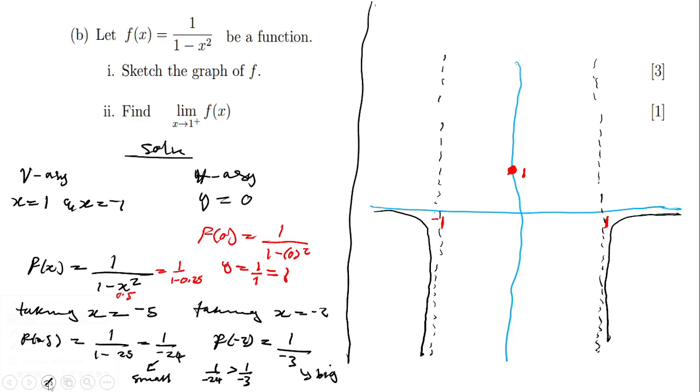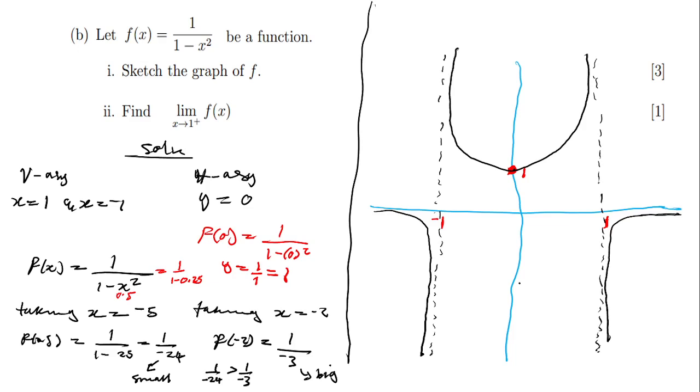Okay, so this side is going up like that without touching the asymptote, and that side is going upward without touching the asymptote. Okay, so that's how easily you can work out these guys. So you just go there, and then you go like that without touching the asymptote.